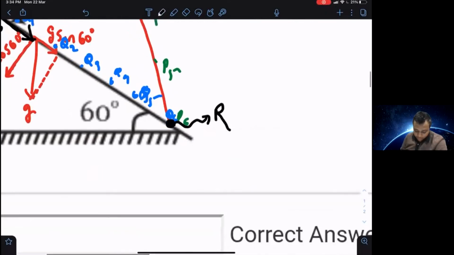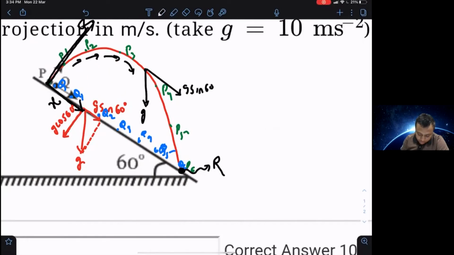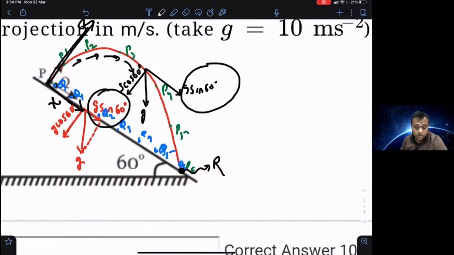By the time P reaches R, at the same point of time Q also reaches R. Now both P and Q have the same acceleration along the x-axis. In fact, during this projectile motion, the overall acceleration of point P is vertically downward g, which can be resolved into g sin 60 parallel to the inclined plane and g cos 60. So this g sin 60 is the same acceleration along the x-axis.